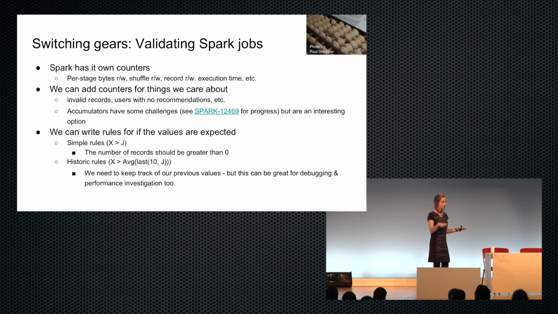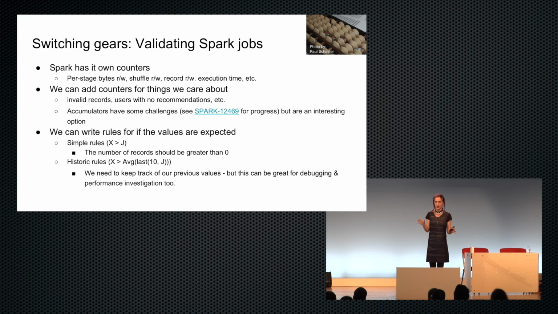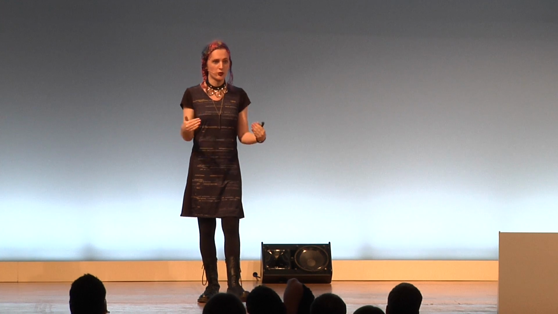So there's a whole bunch of things we can do to sort of validate our Spark jobs. We can validate if we're having to drop records, especially if you're working with JSON data. There's a good chance that some of your records aren't going to match whatever schema you were expecting, and you need to drop some of them. And that's not the end of the world, right? You don't want to stop your program just because you encountered one invalid record.